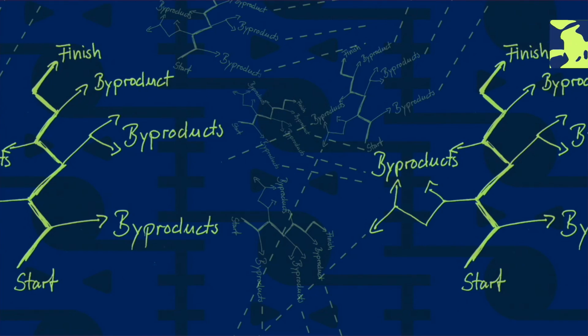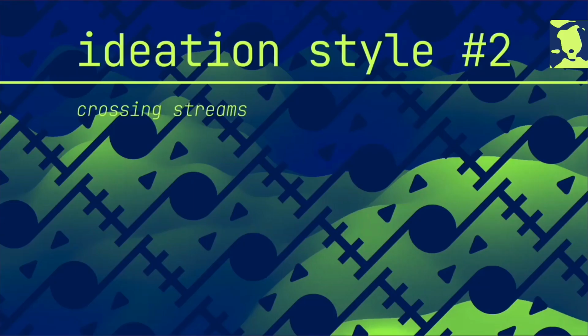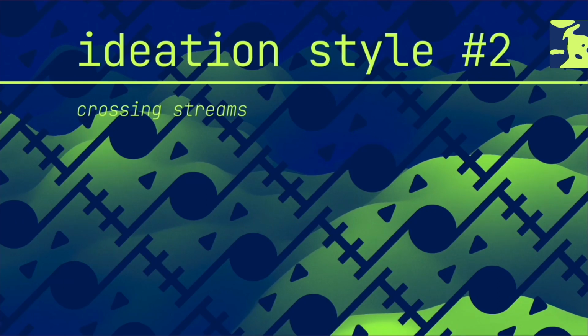Like you're traversing one path for one project, and another for another project. And sometimes those byproducts might overlap, or maybe one of these trees is yours and one of them is someone else's. And so where that leads me to is ideation style number 2, which is crossing streams.